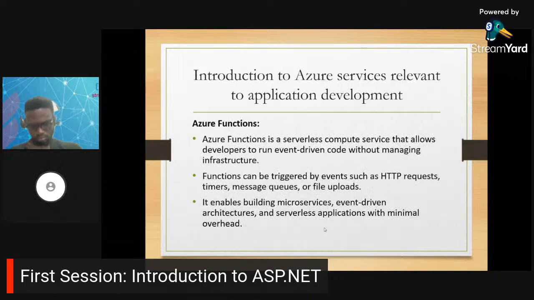So then you go to Azure Functions. Azure Functions here is a very small application which is built to do a particular thing. It is different: Azure App Service is platform as a service, while Azure Functions is function as a service.